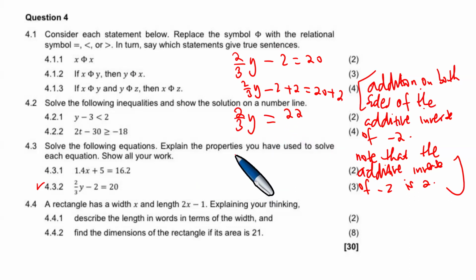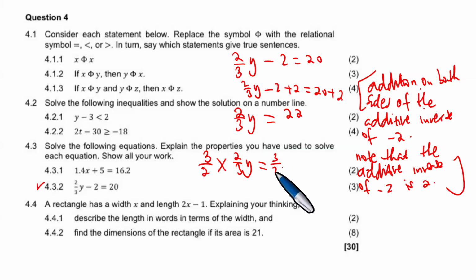Next, we want to remove this coefficient 2/3, and to remove it, we must multiply by the multiplicative inverse of 2/3. So we multiply both sides by 3/2.